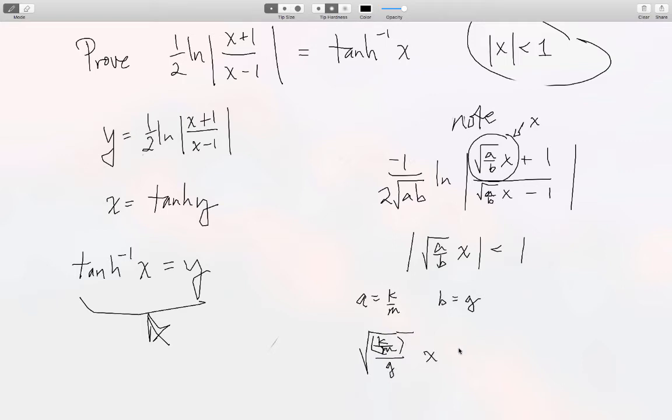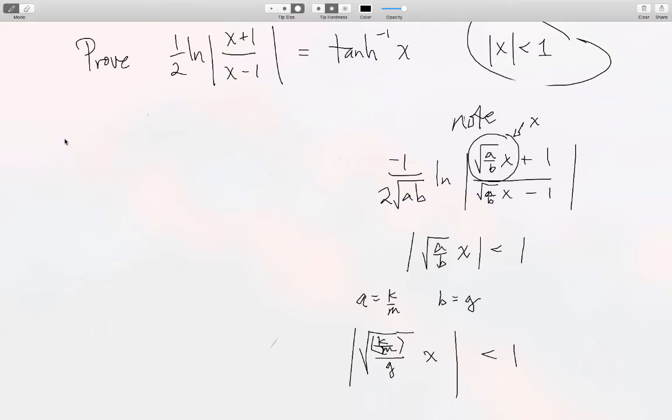Oh dear. I need this less than 1. That is, copying that, absolute value, square root k over mg x less than 1.